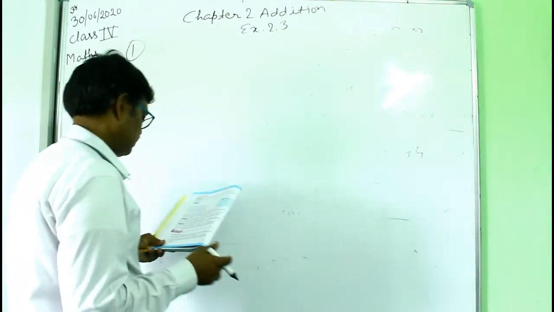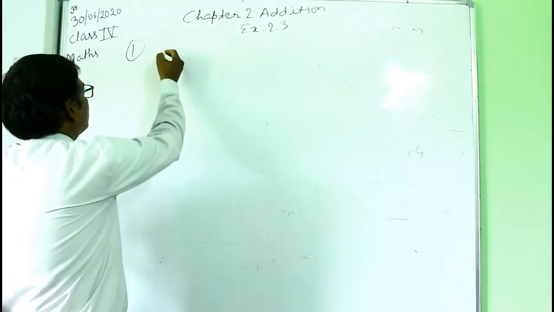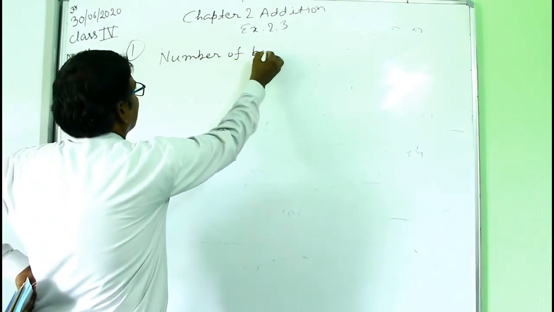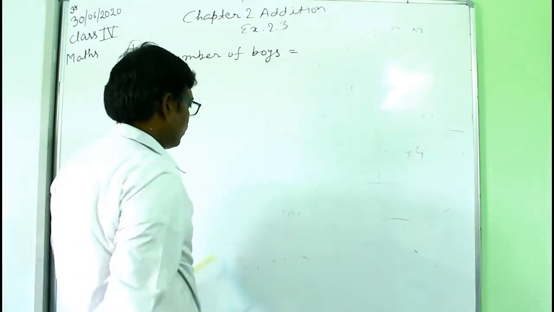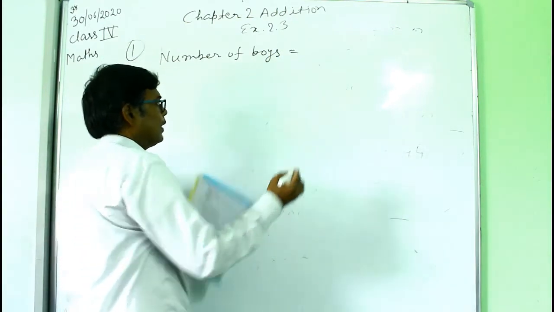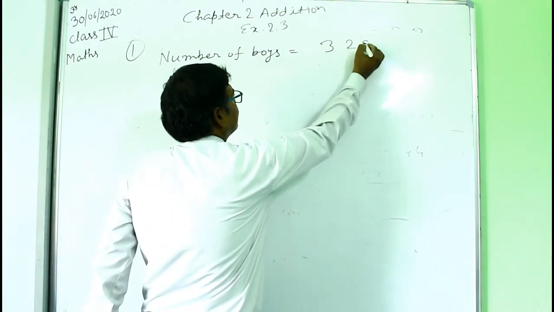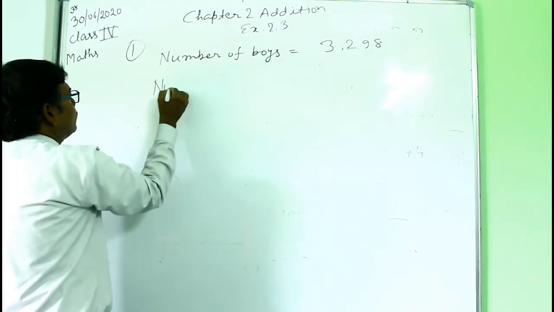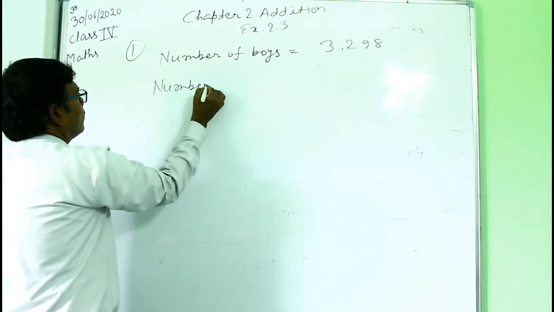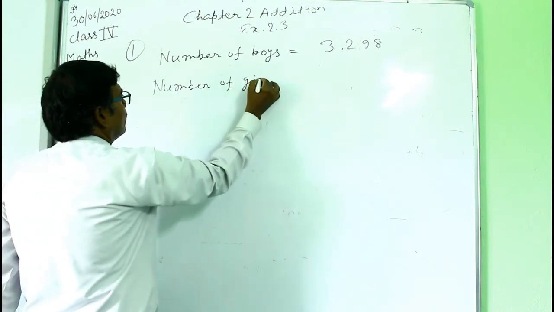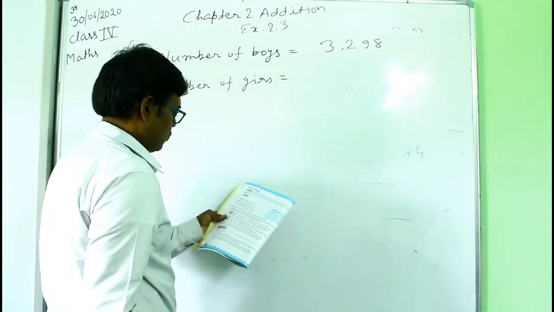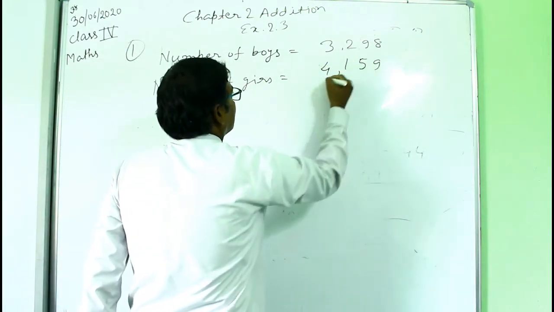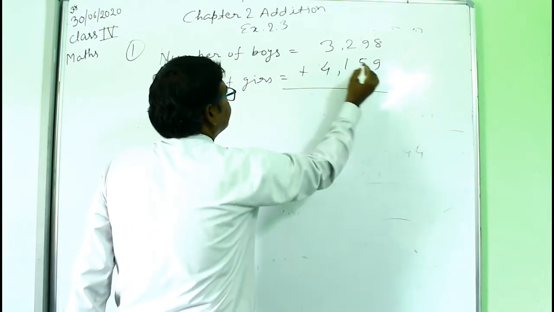So write here the number of boys equal to 3,298, and the number of girls equal to 4,159, and then add these two numbers.